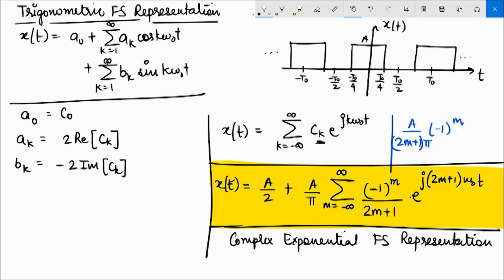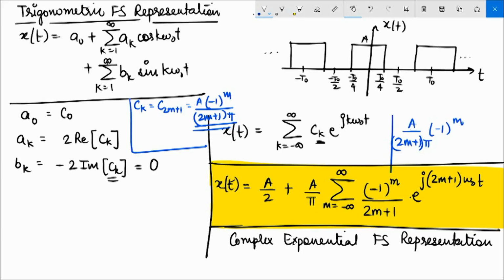Now we found that ck in complex exponential representation was actually a real number, so it does not have an imaginary part. That means bk in our current case would be equal to 0 because ck does not have an imaginary part. It's only real, because ck was found to be c of 2m plus 1, which was actually equal to a into minus 1 to the power m upon 2m plus 1 pi.